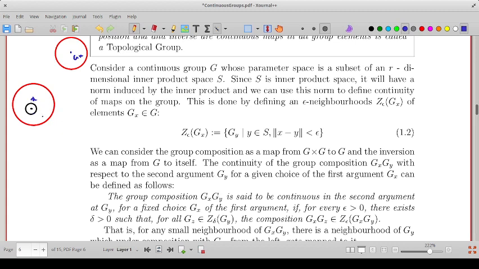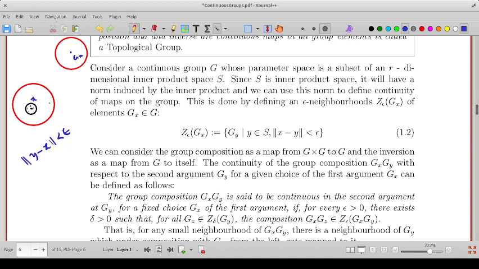And remember, the parameter space has an inner product, and therefore a distance function is defined there. So I can consider the set of points in the parameter space which we denote by y, such that the distance of y minus x is less than epsilon.